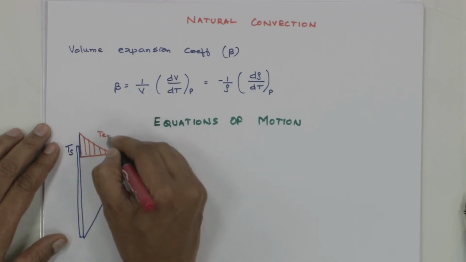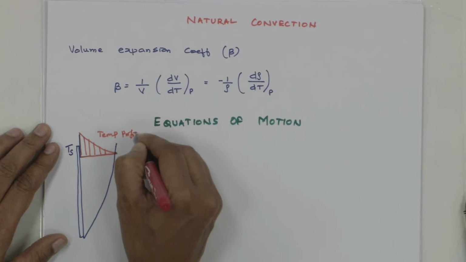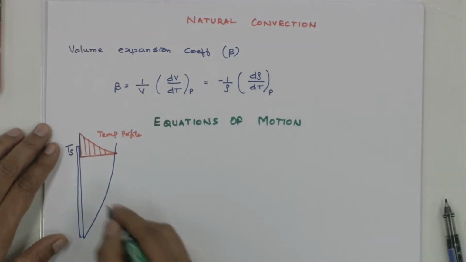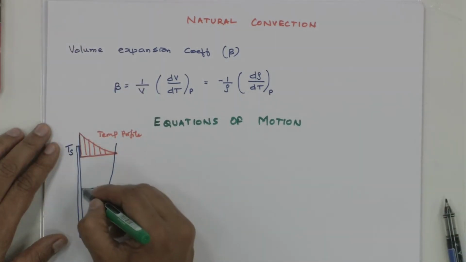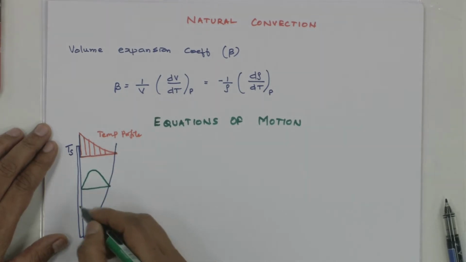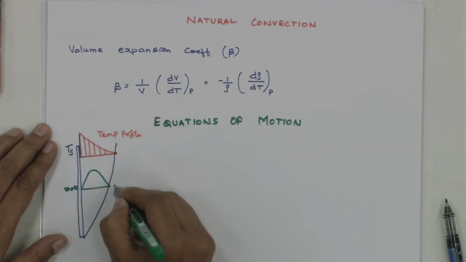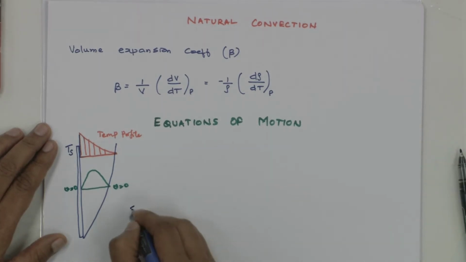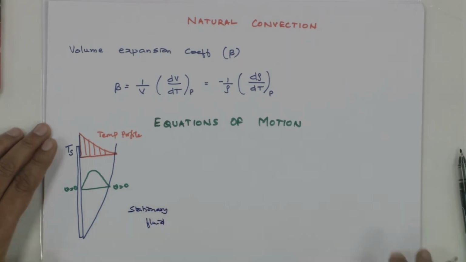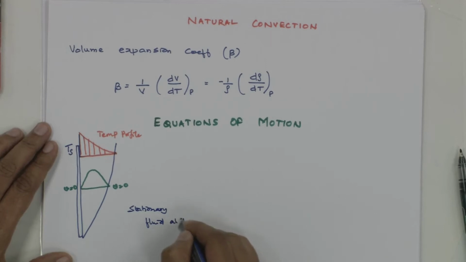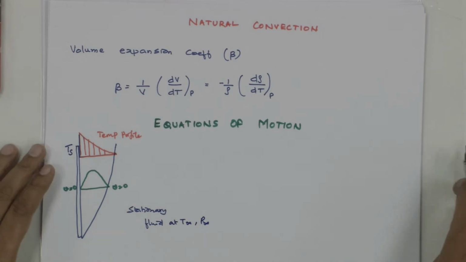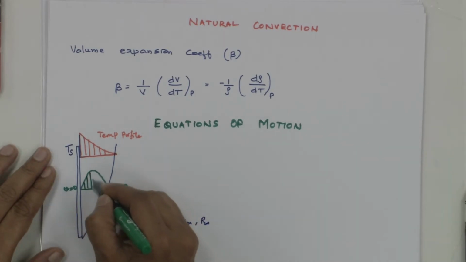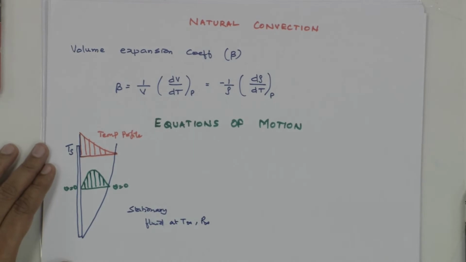This is the temperature profile. Now the velocity profile would be something like this, because at both the ends v should be 0, because this is stationary fluid. Far away from the boundary layer, it is a stationary fluid, unlike flow over a flat plate, at T infinity and P infinity. And this is my velocity profile, and constant surface temperature is what I have taken.